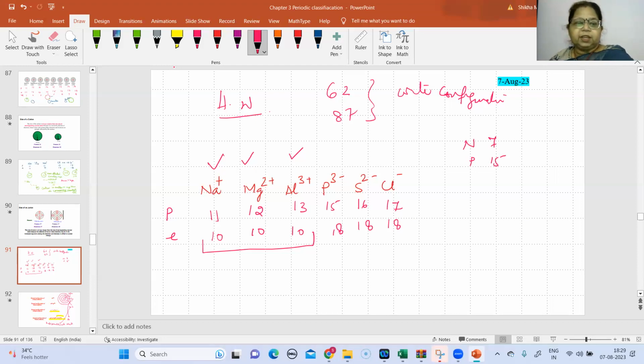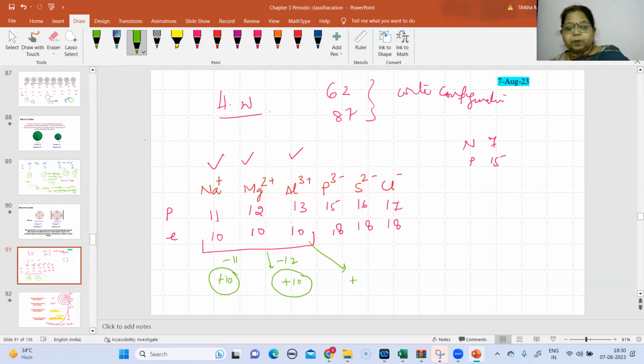Okay, let me explain it to you. I will be drawing a pictorial diagram for each one of them. We'll say there are plus 10 and there is minus 11. In case of magnesium, we have plus 10 and we have minus 12 here. And then we have plus 10 at the center and they have minus 13 to attract.